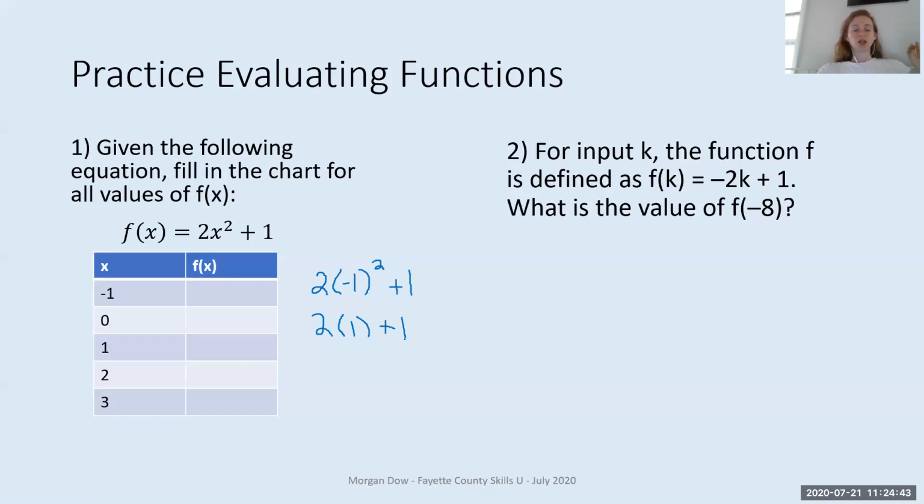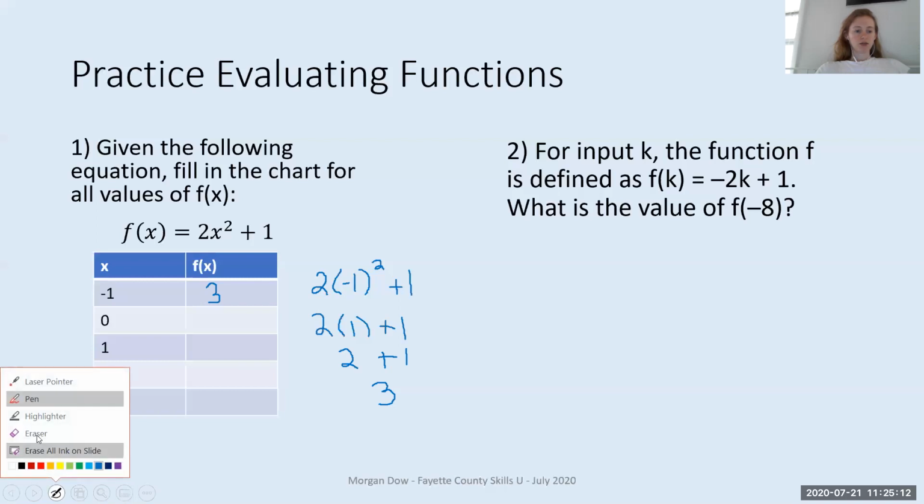Next on the list is multiplication and division. So we're going to take care of this multiplication. 2 times 1 is 2. Bring down the rest of the calculation. And now all we have left is addition. So 2 plus 1 is 3. Okay, so for this particular f of x, when x is negative 1, f of x is going to be 3.